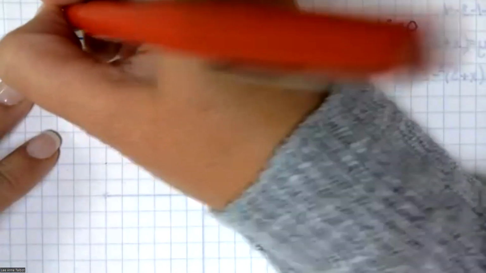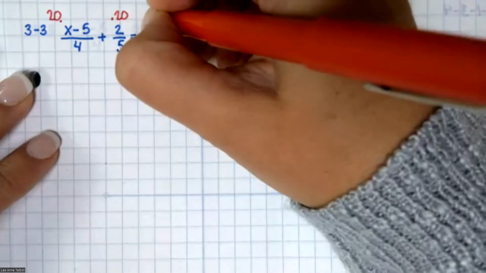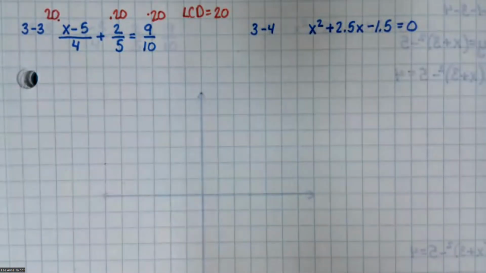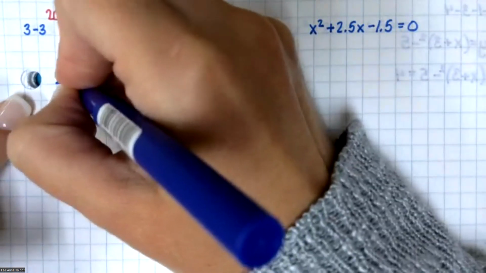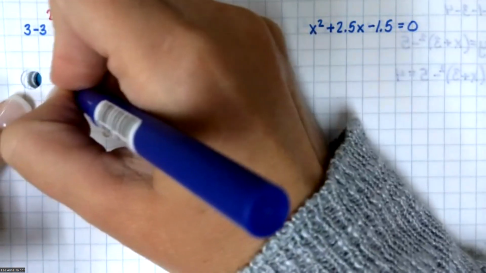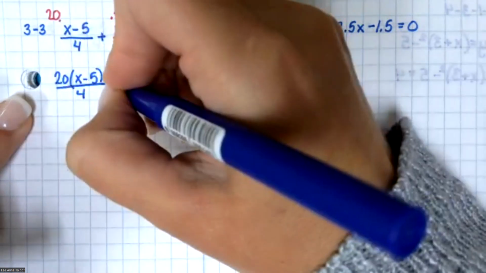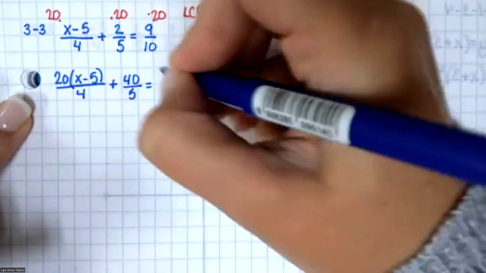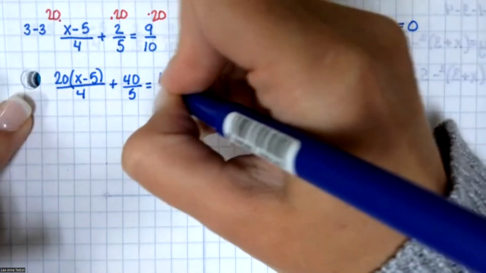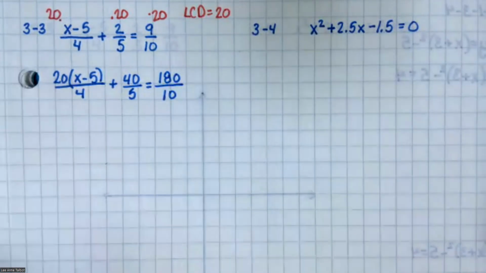So to multiply by 20, multiply by 20, multiply by 20. You only want to multiply the numerators by 20. So I have 20x minus 5 over 4 plus 40 over 5 equals 180 over 10.